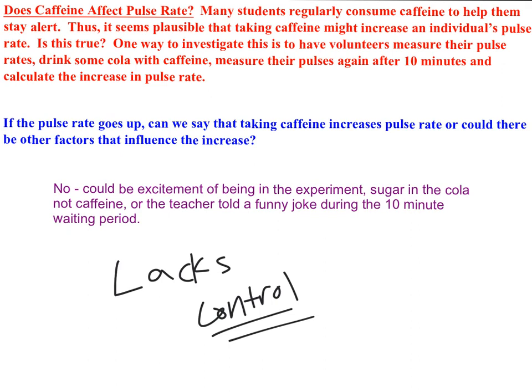And there was no effort made to make sure that those that got the treatment, the soda, got caffeine, but got it without any other ingredient that could potentially affect their heart rate. So would it be the sugar that's causing the bump in heart rate or the caffeine? Could it be both? Without control and removing the presence of sugar, we can't be sure. And that's what we're saying when it lacks control.